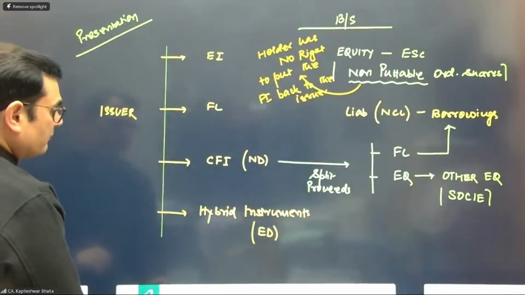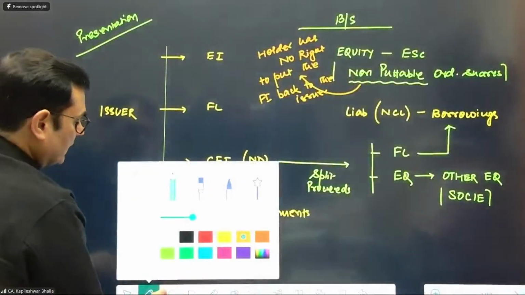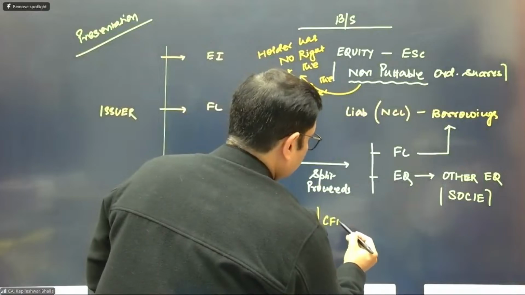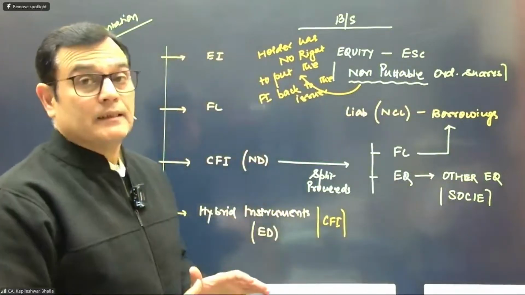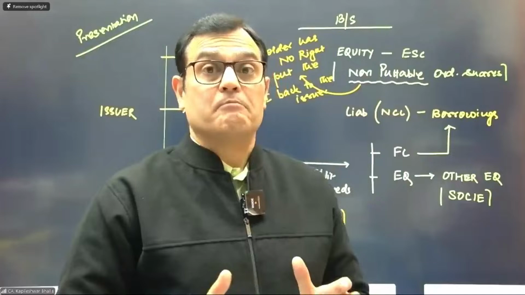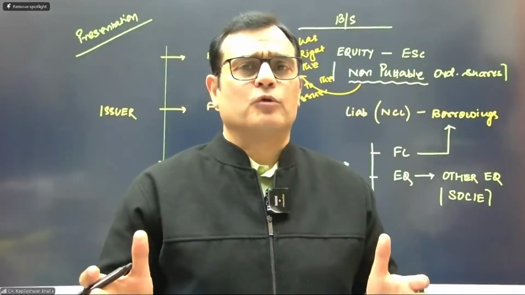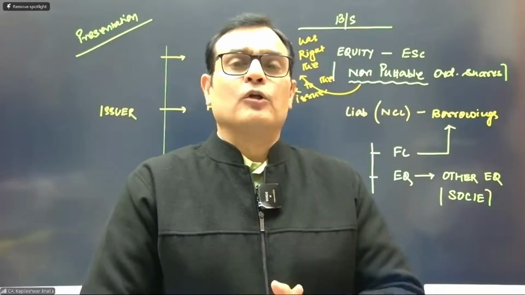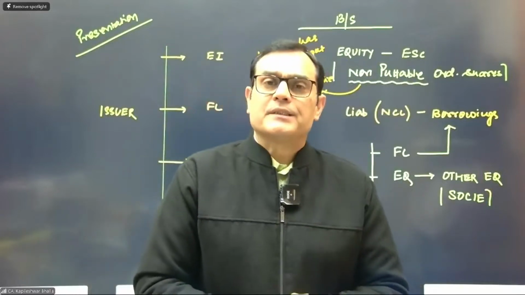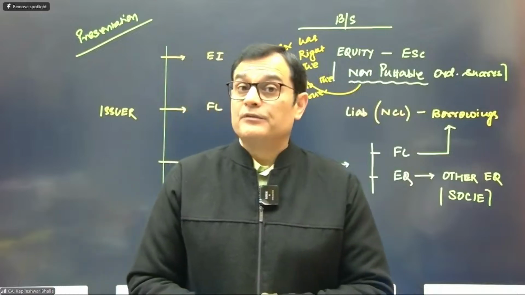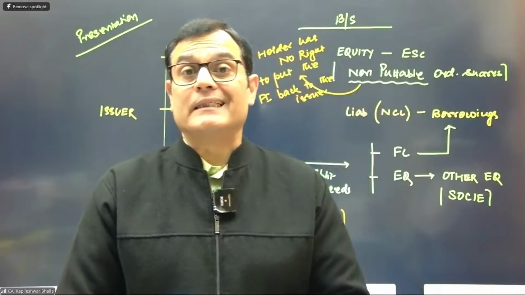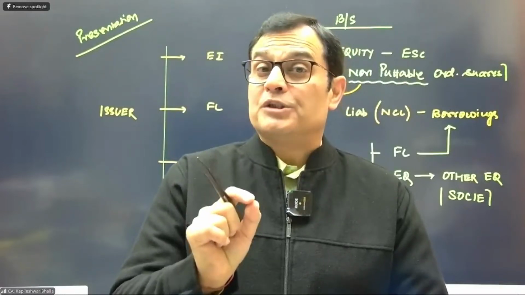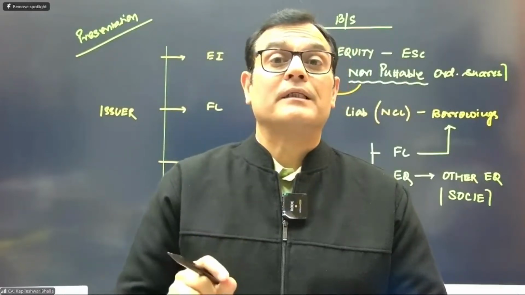And finally, we come to hybrid instruments. It's not necessary that hybrid instruments will always be compound financial instruments, but I'm assuming, of course, that it is a compound financial instrument. The reason is, if you look at instruments with an option to convert, the company, the issuer, would never pay a rate of interest which is payable on a non-convertible instrument.